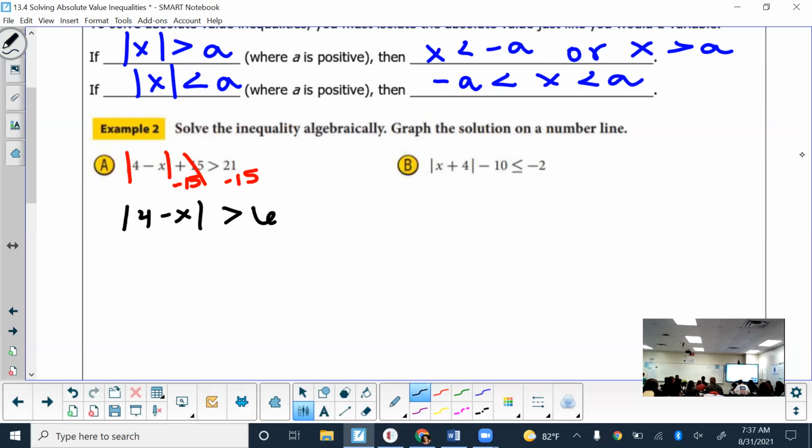We're going to drop the bars. 4 minus x less than negative 6, because we're using this as our guide up here. So drop the bars, less than negative 6, or 4 minus x greater than 6.